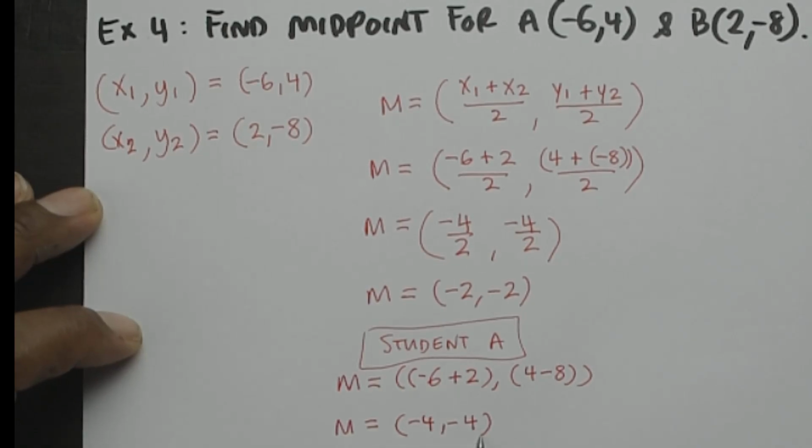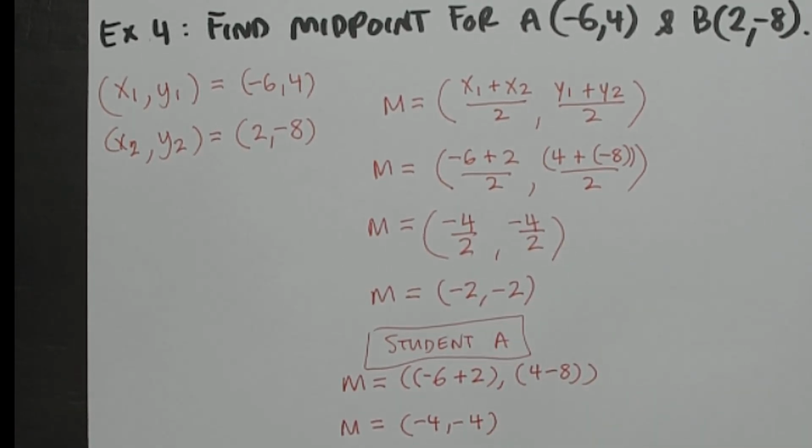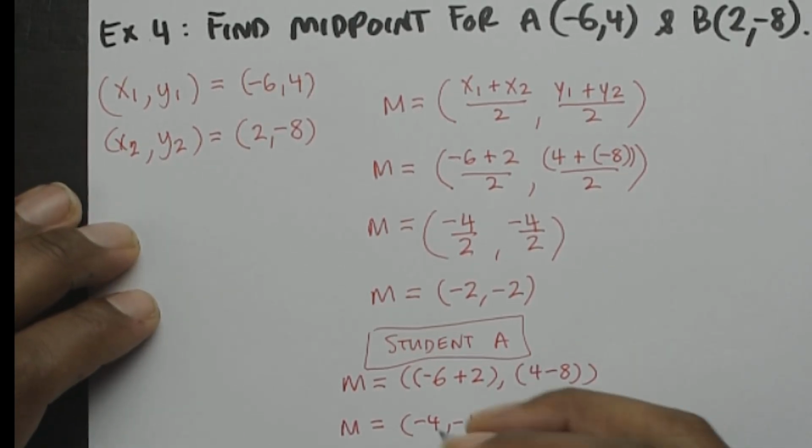This part is correct, but they forgot to divide those values by 2. So remember, the midpoint is the average of the two x coordinates and the average of the two y coordinates. So we must divide both sums by 2. So the correct way to do it is what student B did.